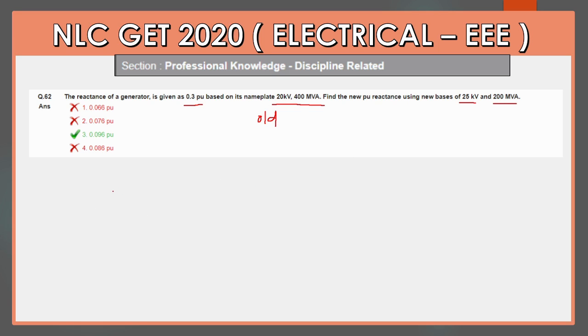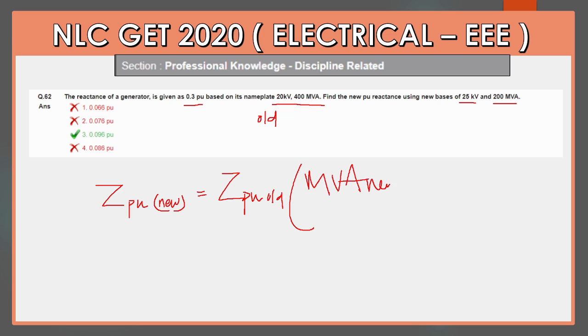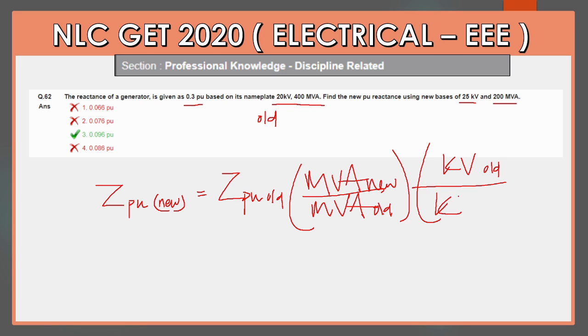As we have already discussed, Z per unit new equal to Z per unit old into MVA new by MVA old into kV old divided by kV new square.